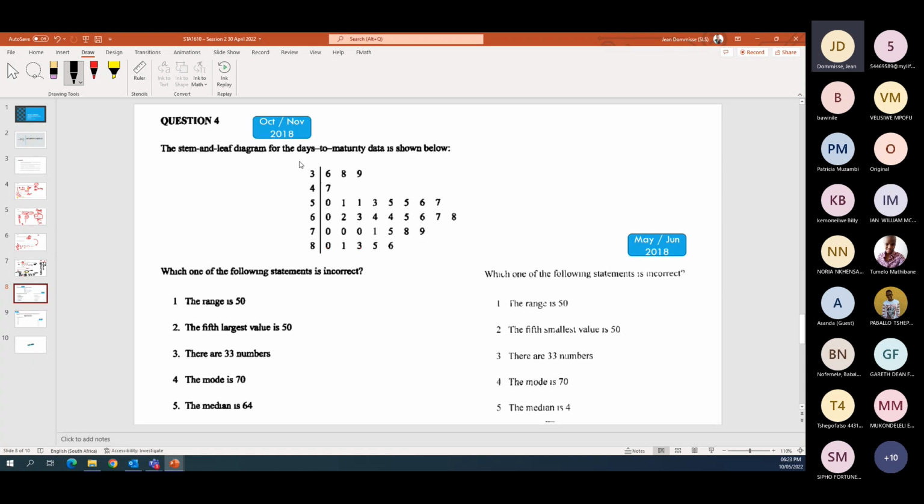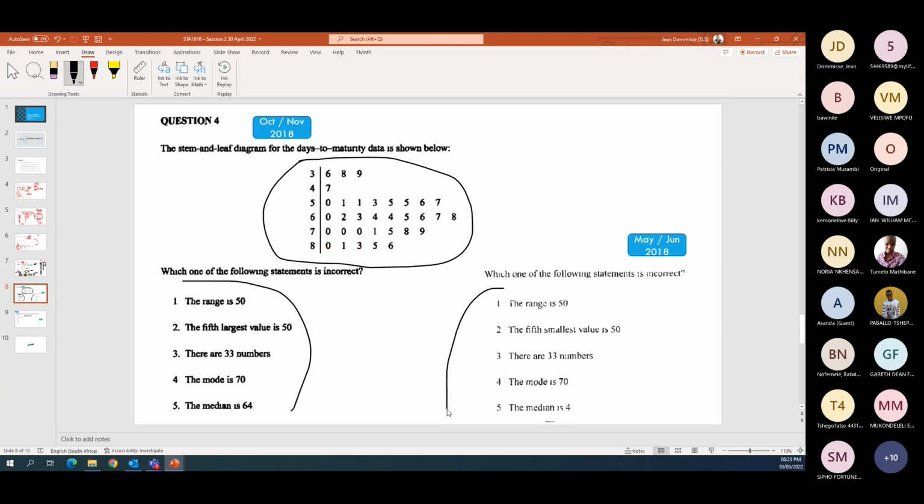You can have the same data set but different options. This is also why they do it, so that in the exam you don't message your friend and say the answer to question 1 is option 4, because you could be getting a different set of questions. That's why I want to show this to you.